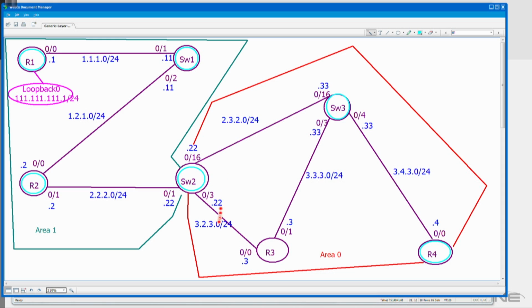So these 2 routes should show up just simply as O's in R4. And then R4 should also have learned about all these routes over here in area 1. In R4's routing table, all of these will show up as O IA, standing for inter-area routes, routes that originated in some other area that router 4 is not connected to.